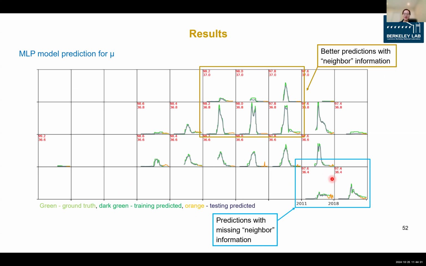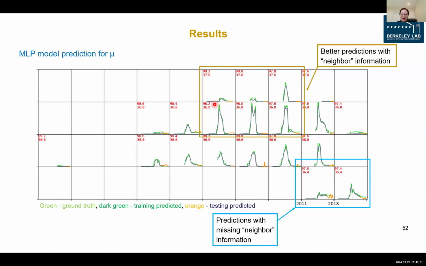So here we show the results in large version. These are the results of prediction of the induced seismic rate in space and time. Dark green is the training predicted, and the lighter green is the ground truth. Sorry, the color is off a little bit somehow. The orange is the testing predicted.